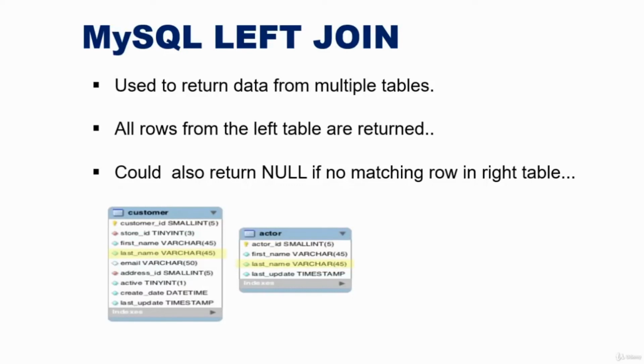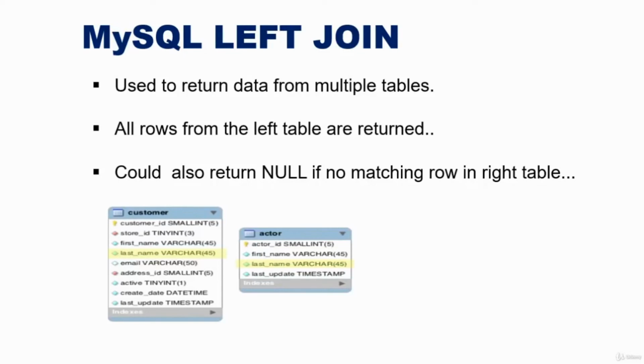Let's take a look at the table illustration I've got on the screen. Let's assume we want to return a list of all the customers from the customer table. And if the customer shares the same last name with an actor from the actor table, we want to be able to display that actor's details also.